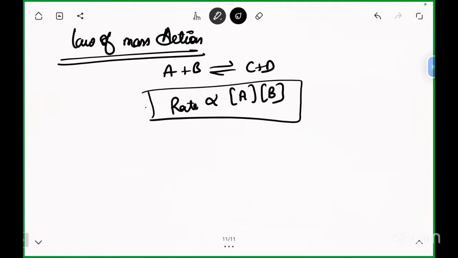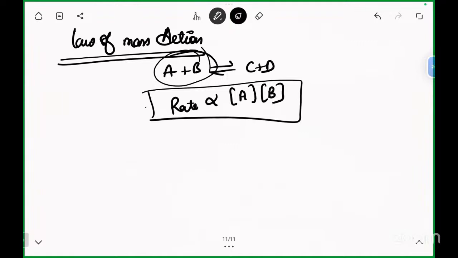At any instant, the rate of chemical reaction at a given temperature is directly proportional to the product of the concentrations of the active masses of the reactants at that instant. That is called the law of mass action. So just remember the definition, then it will be easy.